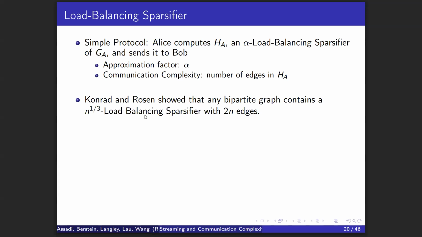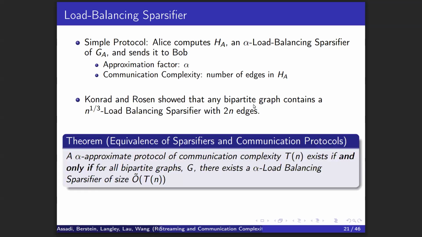And Conrad and Rosen showed that any bipartite graph contains an n to the 1/3 load balancing sparsifier with 2n edges. Sorry, this would imply that you can always get a communication protocol with approximation factor n to the 1/3.